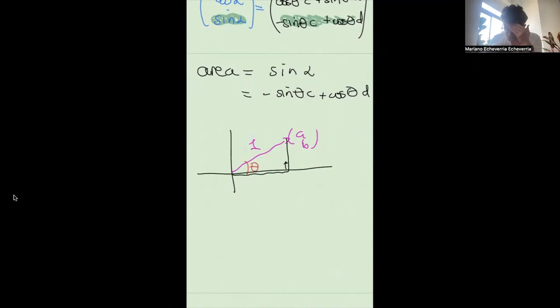So the cosine of theta is adjacent over hypotenuse, which is A. And the sine of theta is the opposite side divided by the hypotenuse, which is B. I can change the color here to put them in blue.